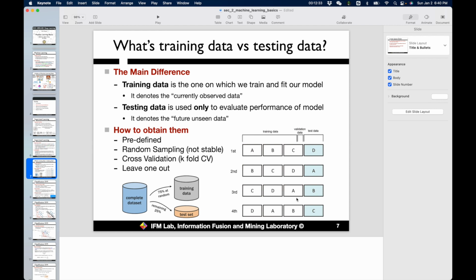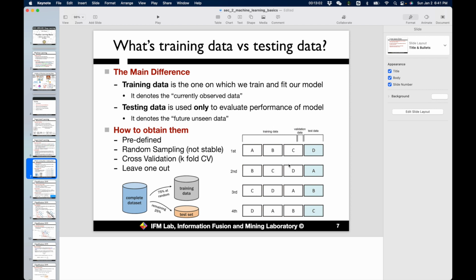So for cross-validation, we have to partition the data set into several portions. Now, someone may ask how large each portion is, or how many portions we can have. It depends on your performance requirement as well as your time constraint. The more portions we have, the more rounds we have to run the cross-validation, so the time cost will be high.